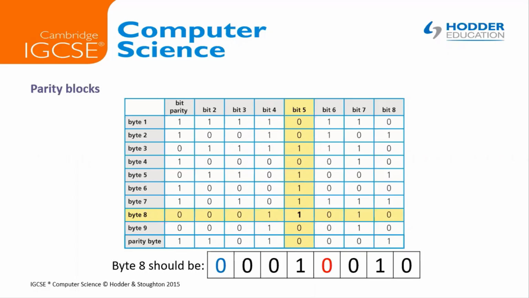And if you count at bit 5, the column bit 5, 1, 2, 3, 4, 5, so there are 5 ones. And byte 8, 1, 2, 3, there are 5 ones. In this case, since I'm using even parity, at the point of intersection, it is supposed to be a 0.